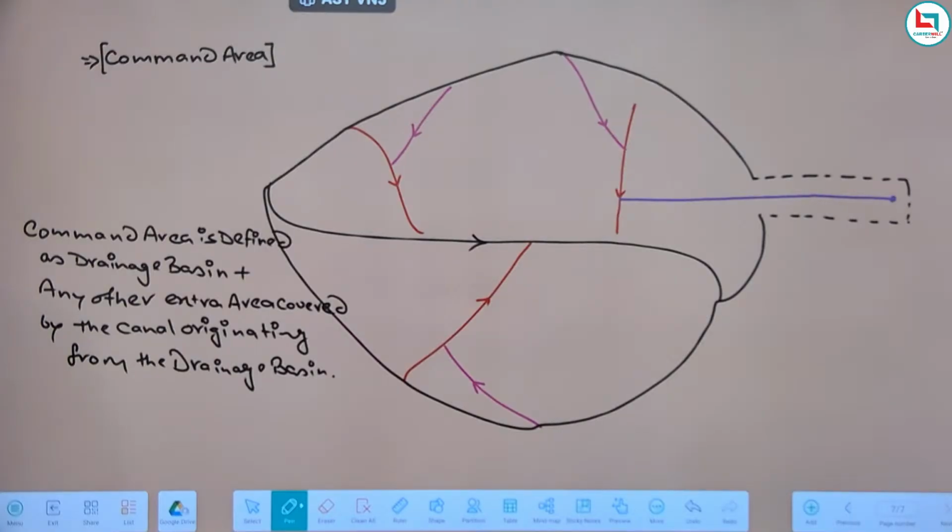And guys, remember, if no canal is present beyond the drainage basin, then the command area and drainage basin are the same. Write down the note: if no canal is present beyond the drainage basin, then command area and drainage basin are the same.